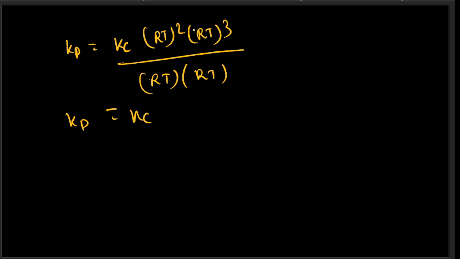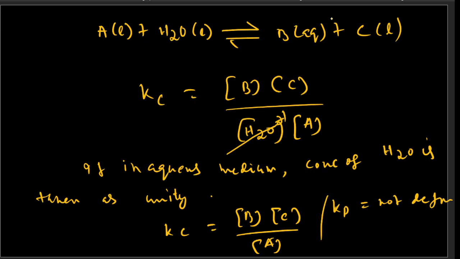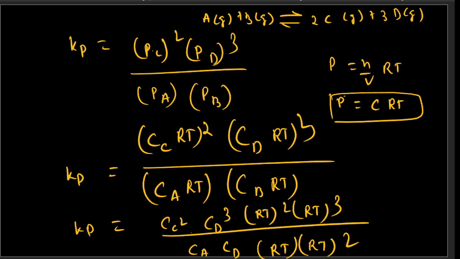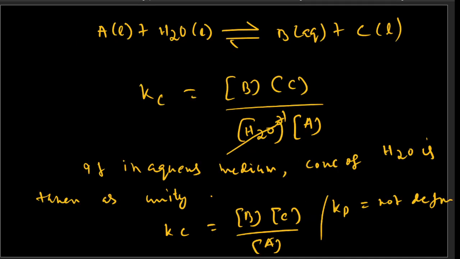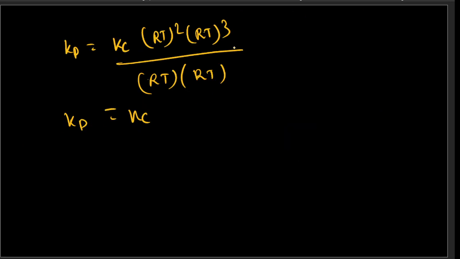This RT squared and RT cubed is coming from the product, and this is coming from the reactant.